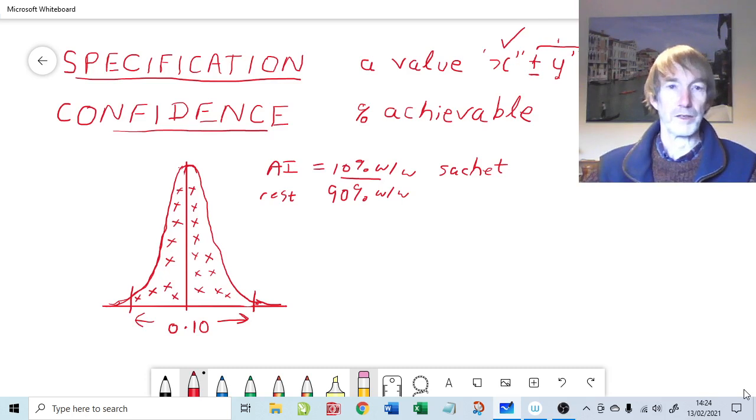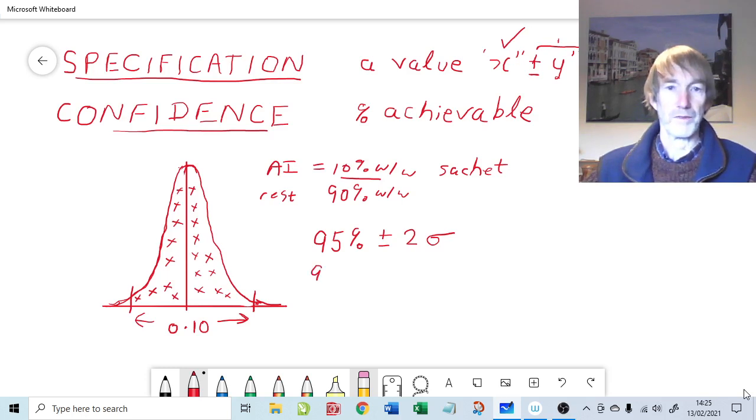So the classic confidence intervals that are used in statistics are something like 95%, it's not quite 95%, but we'll call it 95%, which is plus or minus 2 times the standard deviation. So if we take lots of samples, lots of packets, open them up and find out there's 10%, we can work out what the standard deviation of the active ingredient is.